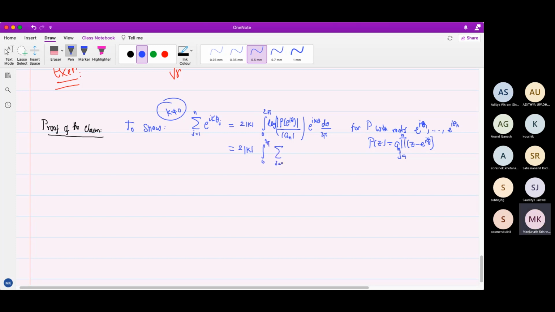We get a sum because it's a log. And the an cancels. What we are left with is e to the i theta minus e to the i theta j. Okay, so that is what is here. And then I have e to the i k theta d theta over 2 pi, which is, of course, the sum.